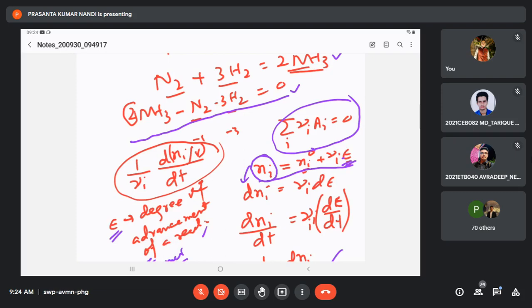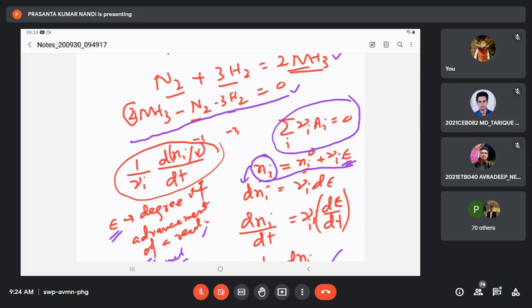That is denoted by n_i superscript 0. But n_i is the number of moles of that particular species A_i after the start of the reaction, and any time you can measure. So that means n_i is a variable quantity.